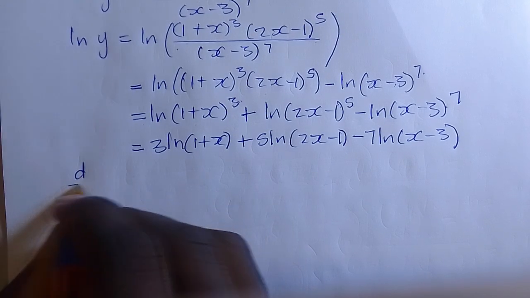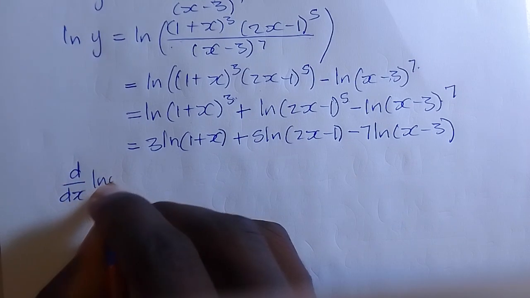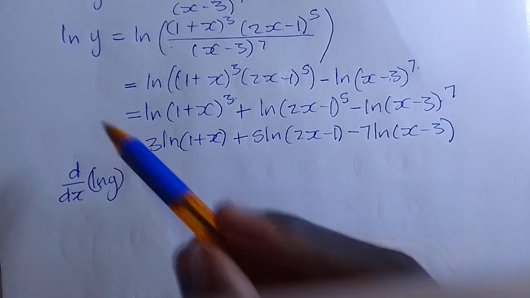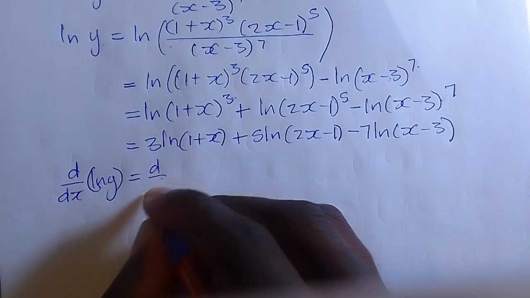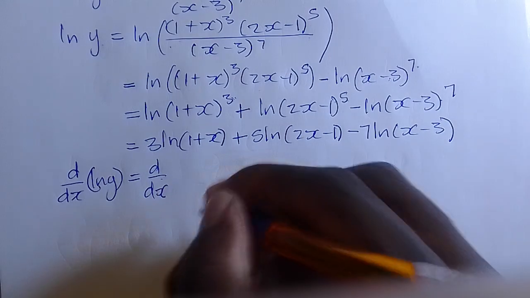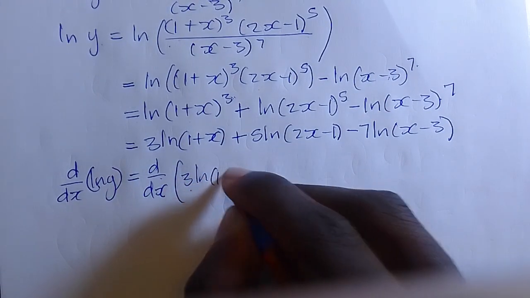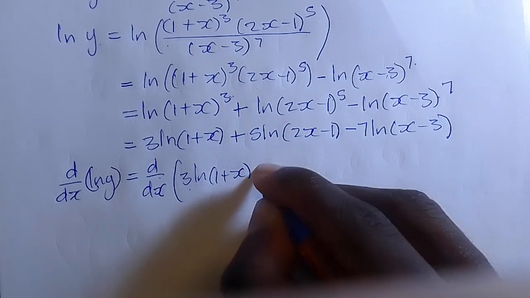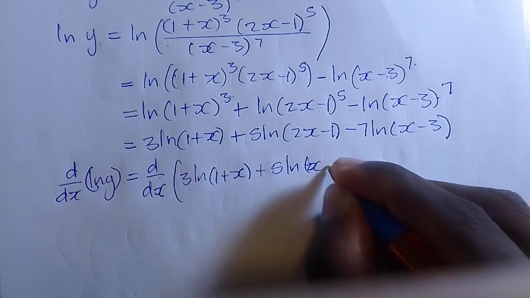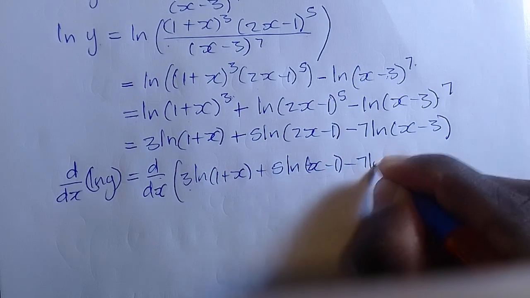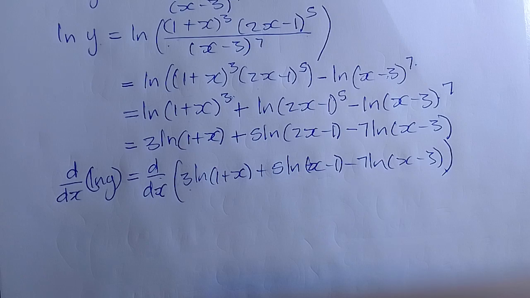So here we have the derivative of ln of y, because we had ln of y on this side, and this side we have the derivative of 3 ln (1 plus x) plus 5 ln (2x minus 1) minus 7 ln (x minus 3).